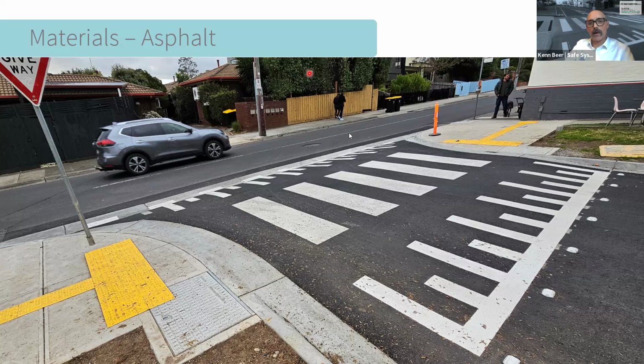Now, while the last people pop that in, I've just been having a little bit of discussion behind the scenes around the yellow marking of a crossing. We will talk a little bit more about that later on.